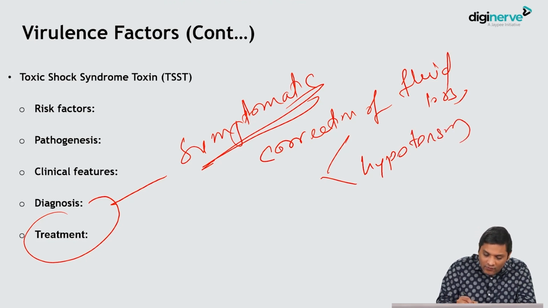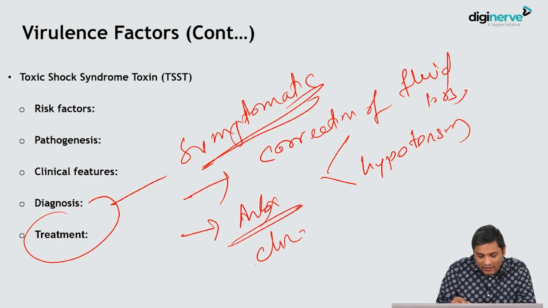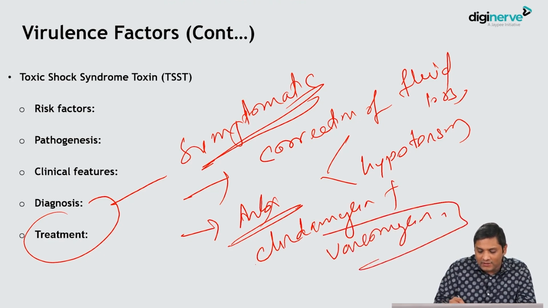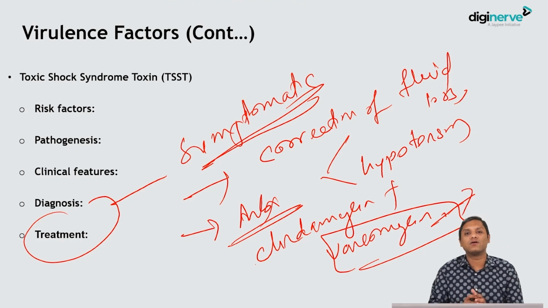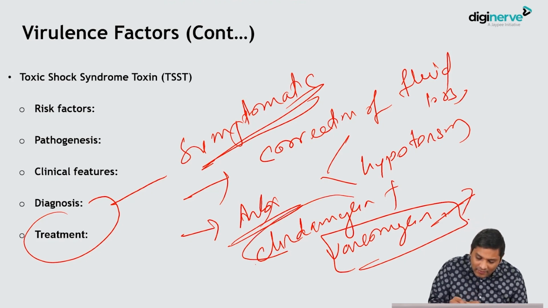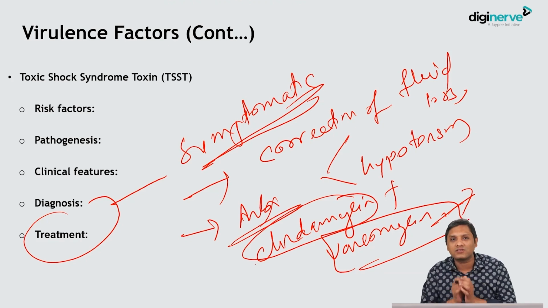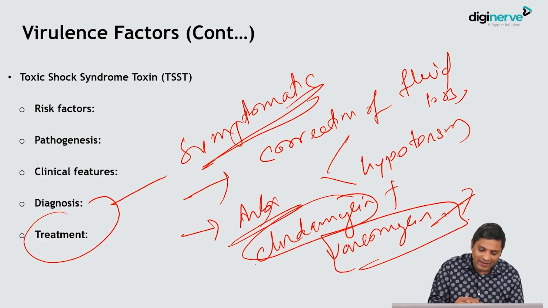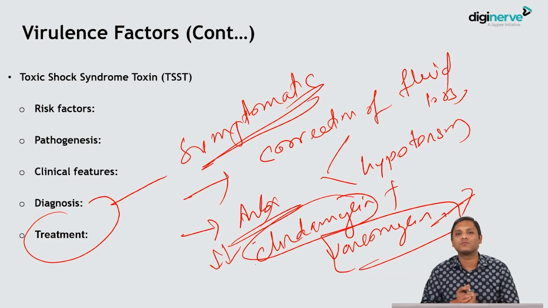Of course, antibiotics are required, and here the antibiotic of choice is clindamycin plus vancomycin. Vancomycin will act against the organism, whereas clindamycin will suppress the toxin synthesis because it is a protein synthesis inhibitor. So it will typically suppress the toxin production.